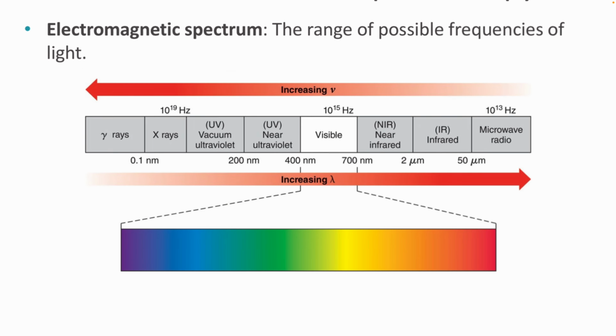All right, so the electromagnetic spectrum, these are all the possible different frequencies that we can have of light, of photons. All right, our eyeballs are photon detectors, but they can only detect photons in this very narrow range of this spectrum here, between 400 nanometers and 700 nanometers wavelength.